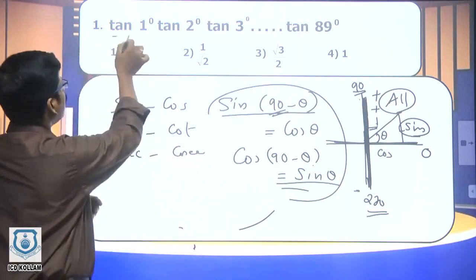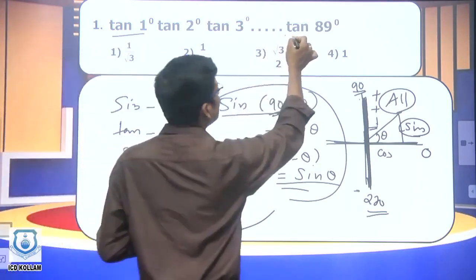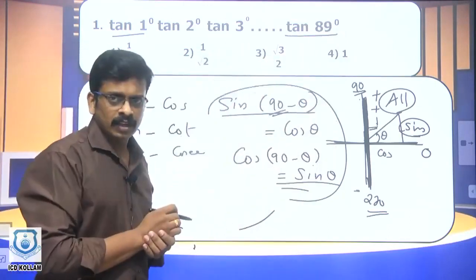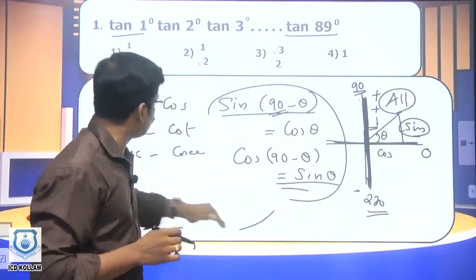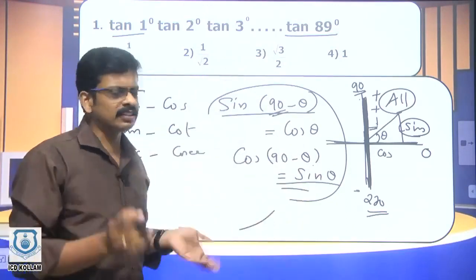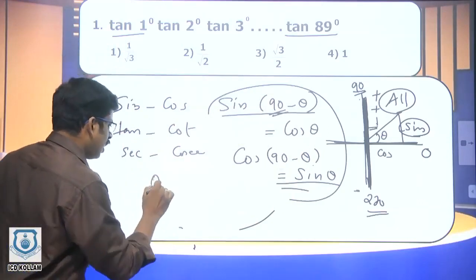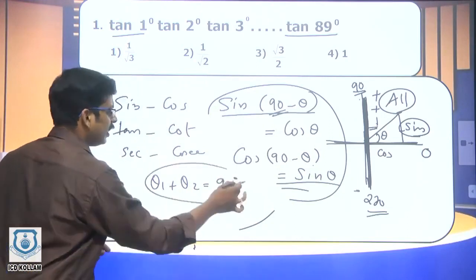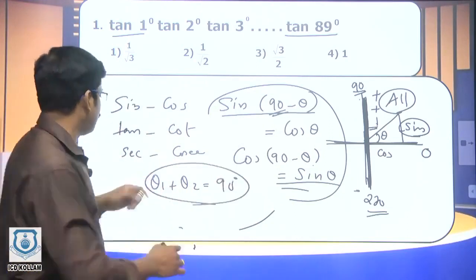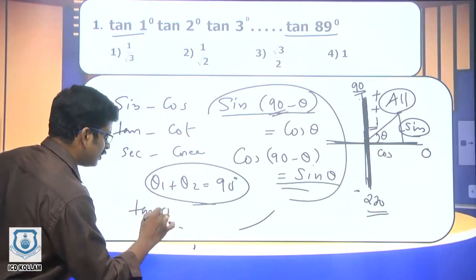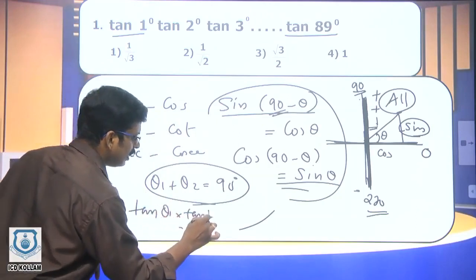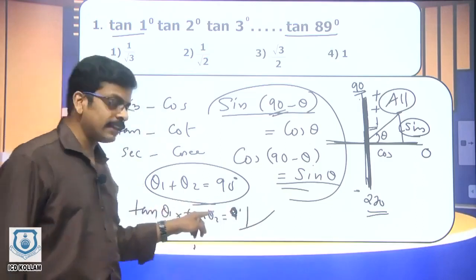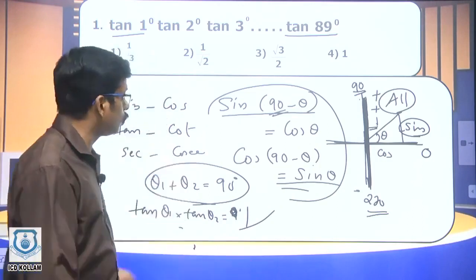So here tan 1 degree and tan 89 degree. For simplification, instead of solving in this traditional way, you just understand that if theta 1 plus theta 2 is 90 degree, then we can simply say tan theta 1 into tan theta 2 is equal to 1.